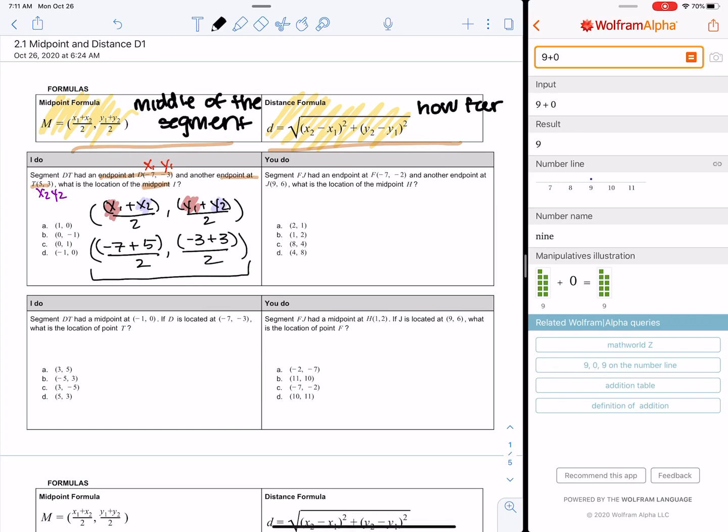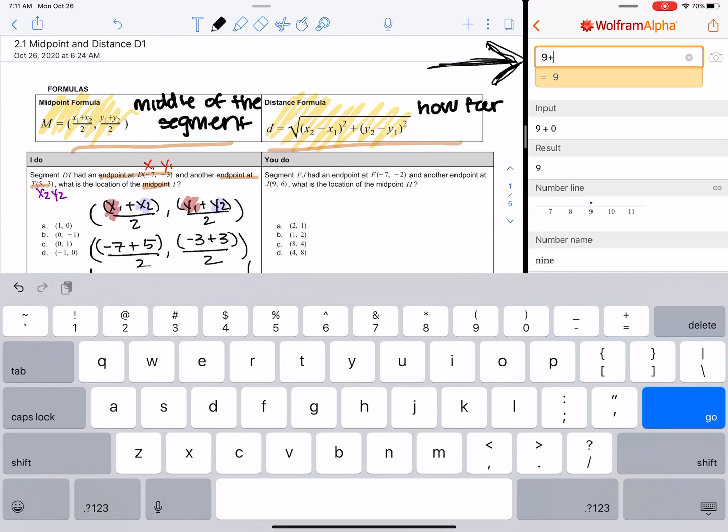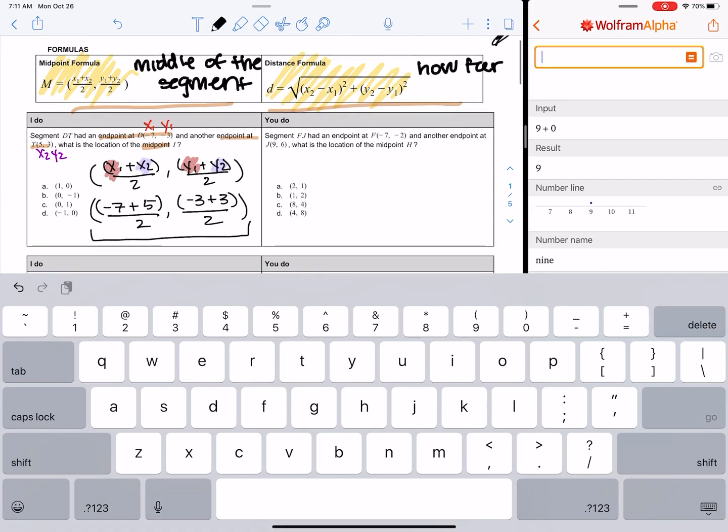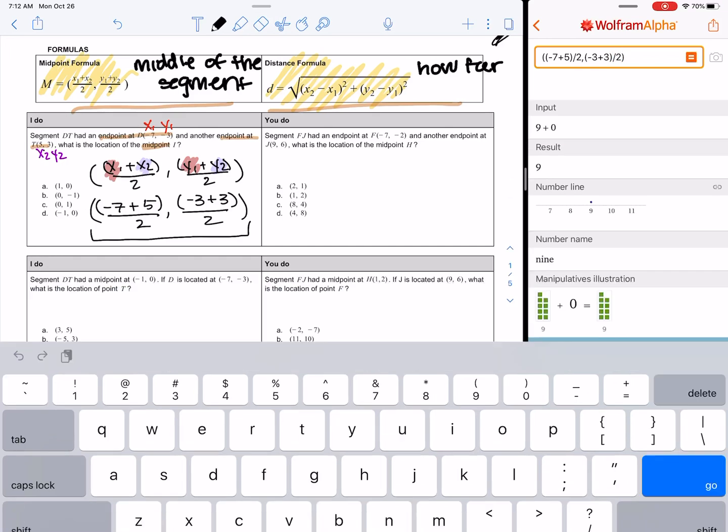Now I'm going to put it into Wolfram Alpha, right here on the right, exactly how I see it. So, big parentheses, then the small parentheses: (-7 plus 5), divided by 2, comma, (-3 plus 3), divided by 2, big parentheses, enter.